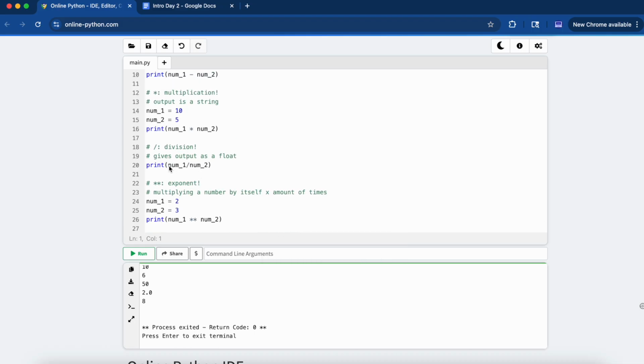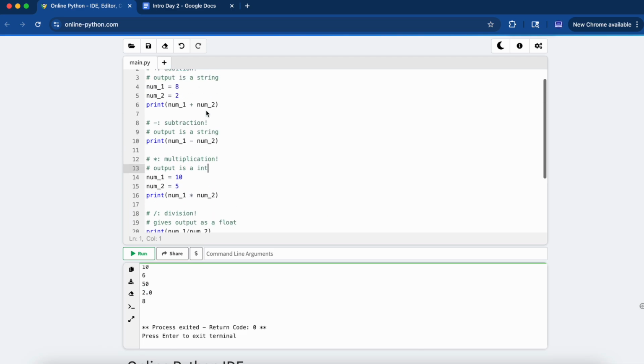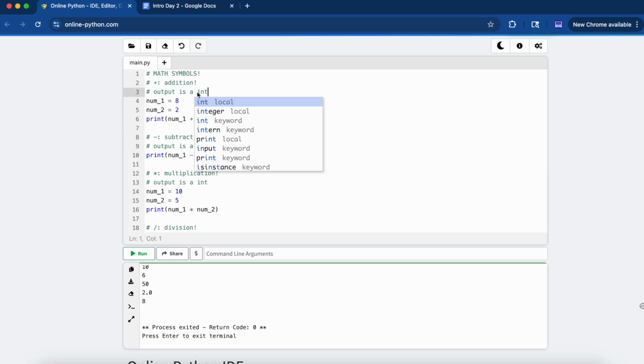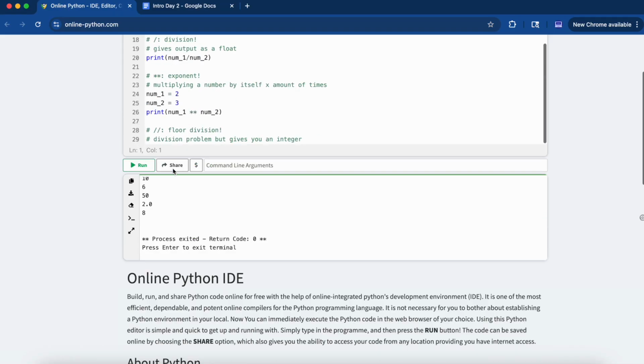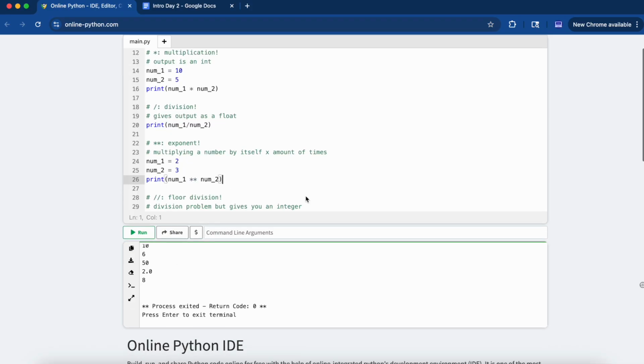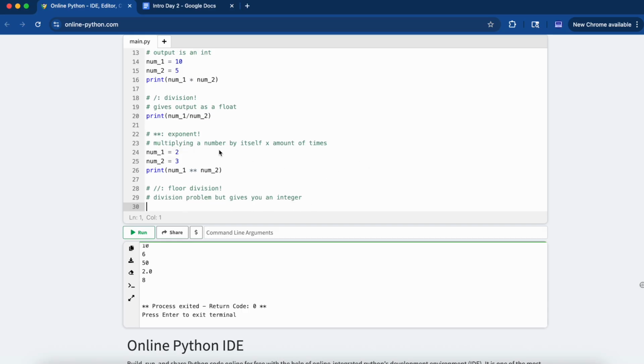Remember up here how we saw that division gives you the number as a float instead of an integer? Oh, I'm so sorry. I meant to say that the output is an integer up here. The output is an int. But remember how the division problem gave the output as a float versus everything else, which gave it as an integer? Now, floor division is going to give you an integer for your problem as well.